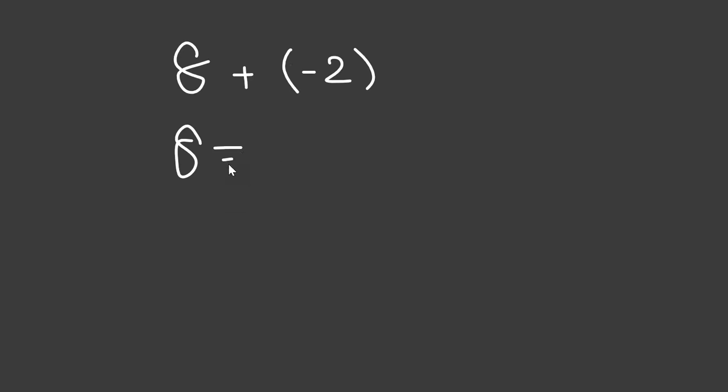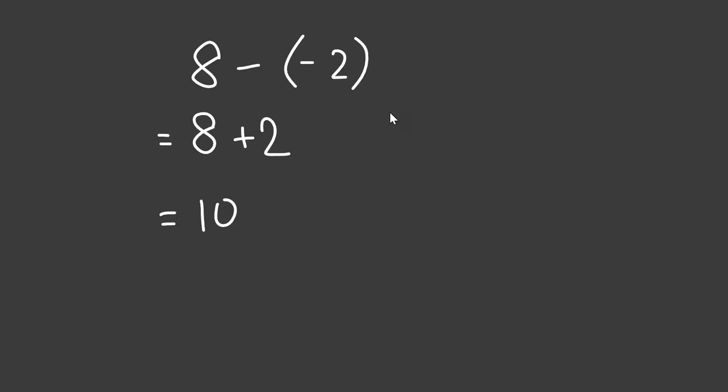Next thing I want to spend some time on is adding and subtracting negative integers. For example, 8 plus negative 2. This is basically saying that you have 8, and plus negative 2 is equal to just minus 2, because there's only one negative sign. This is equal to 8 minus 2, which is 6.